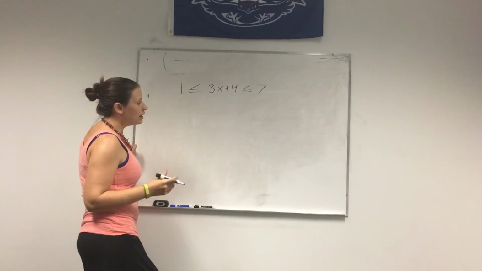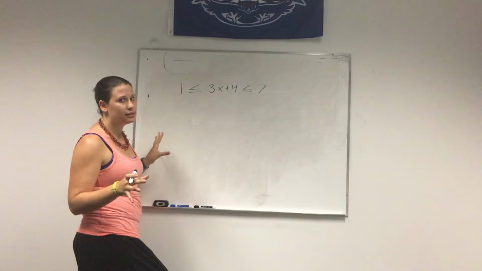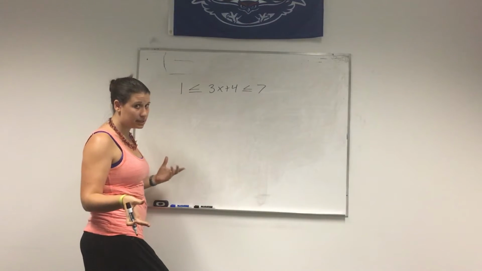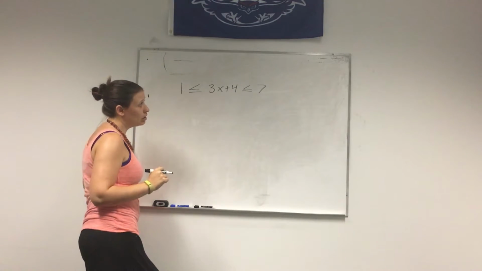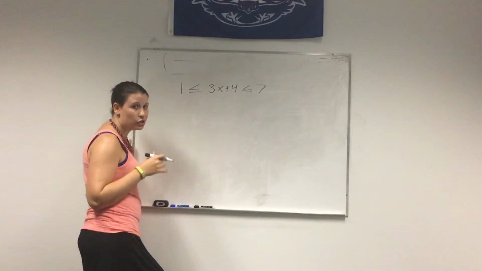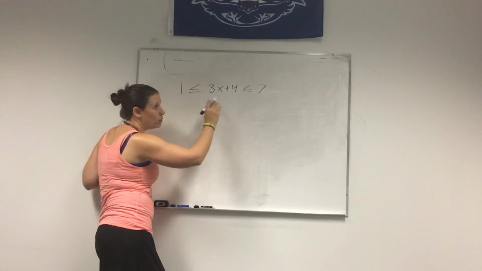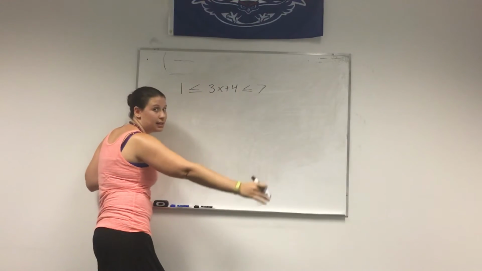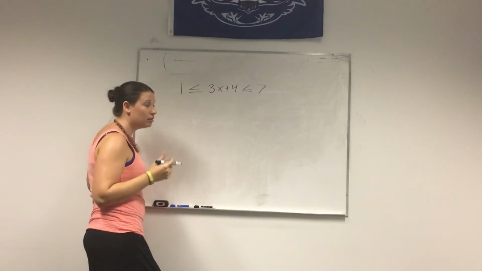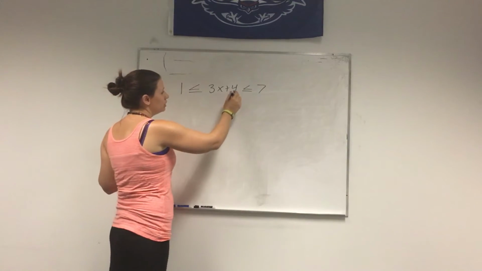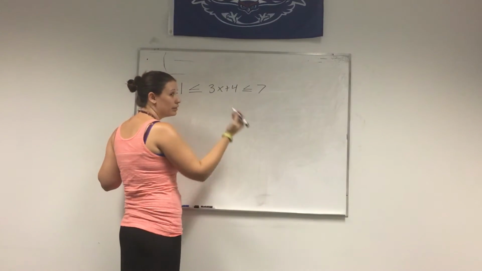Now, Alex will show you breaking this into two pieces. You can do that if that makes sense to you, or you can solve this as one piece. I'm going to show that just so that you can see it done. Whatever you do to one side, you have to do to all three sides, because it's a three-sided equation, essentially. So first, think you're solving for x.